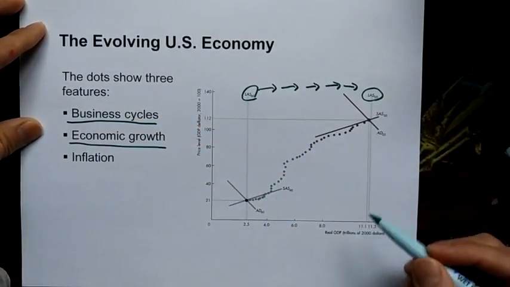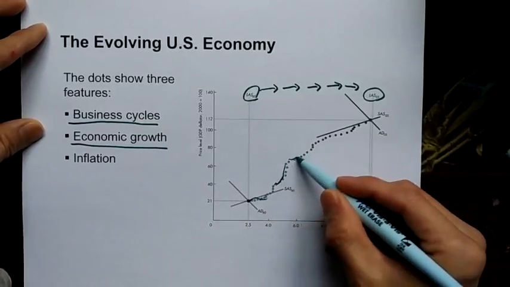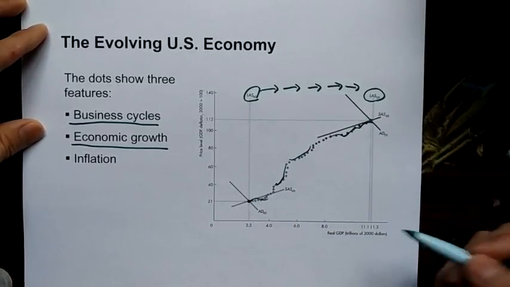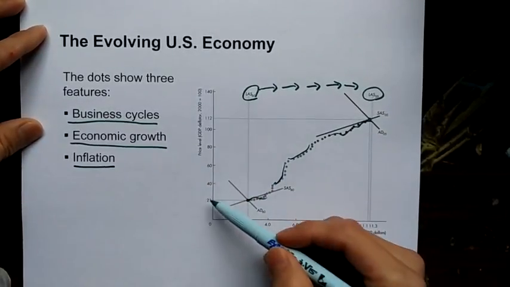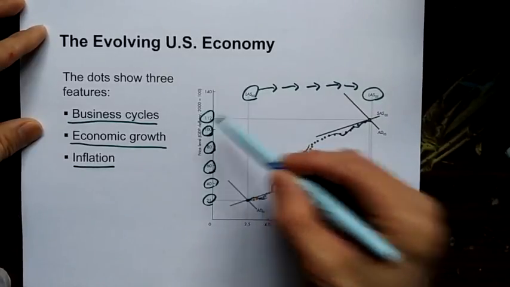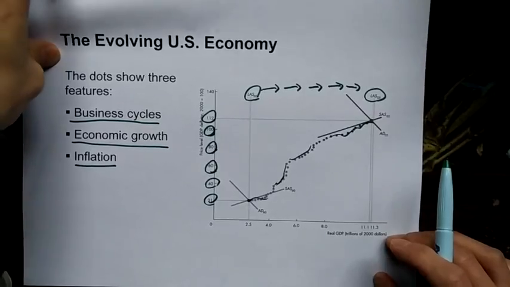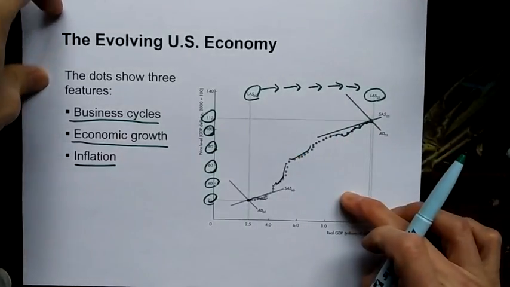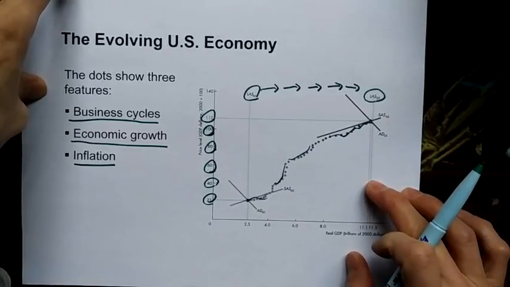How can you see the business cycle? Well, are you seeing the business cycle here? It's fluctuating. Can you see the inflation here? Yes. The price level keeps going up and up. That is the inflation. So from the demand and supply diagram, we can see the evolution of the US economy.